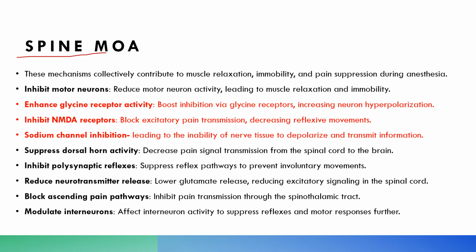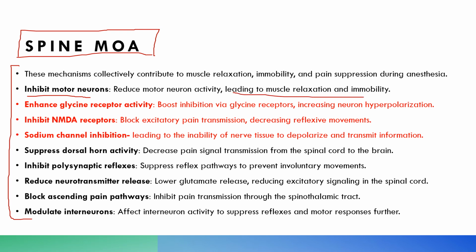When we talk about the spine, there's a few more mechanisms that inhaled anesthetics work on. In red are some of the big ones, but overall, we're going to inhibit motor neurons. This is where we get our muscle relaxation and immobility.